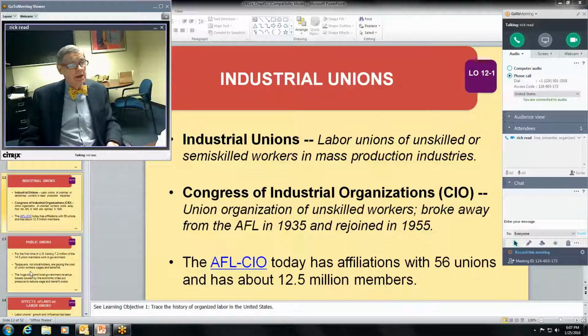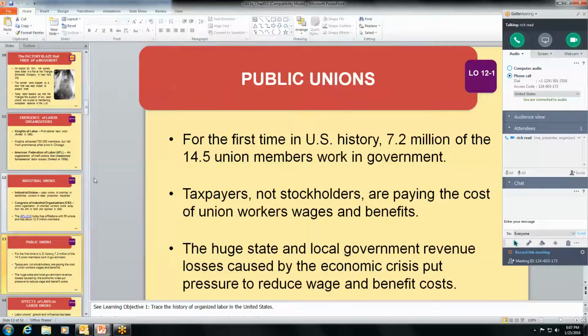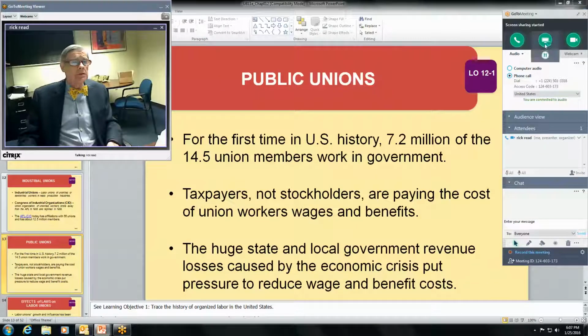We talked briefly about the public unions. There are 7.2 million of the 14.5 million union members who work in the government. Almost half. And we taxpayers are paying for that.